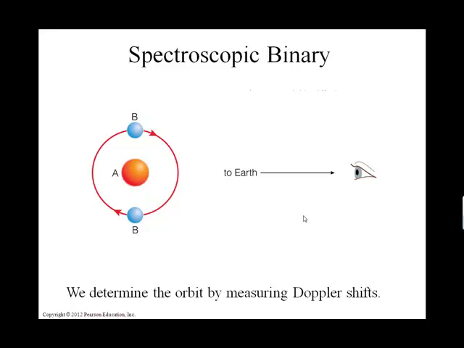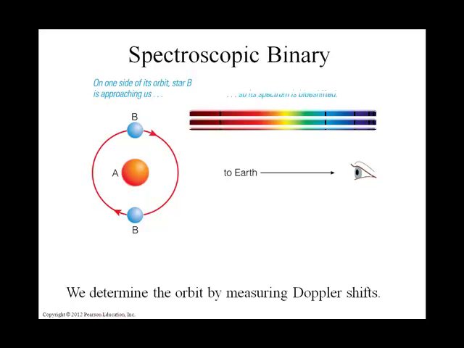And we have a smaller star B that is going to orbit A. And notice as B swings around right here, we have what we call radial motion. That radial motion is towards us, so spectral lines coming from that star will be shifted towards the shorter end of the electromagnetic spectrum. We'll have a blue shift right there.